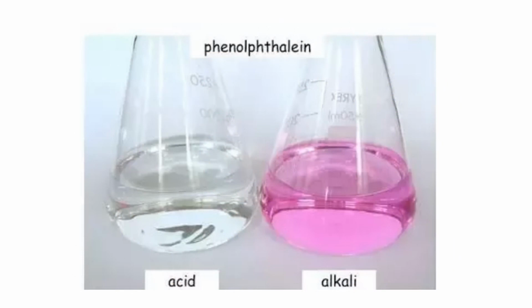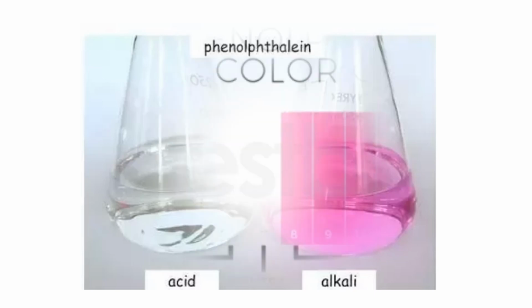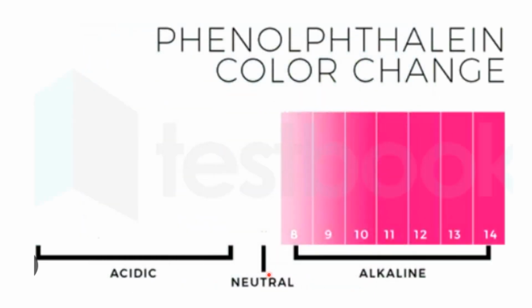Phenolphthalein indicator. Phenolphthalein is colorless in acid and pink in base. Okay, tingnan naman natin ang color range or pH range ng phenolphthalein. Okay, so dito siya bandang 8 to 14, red siya.